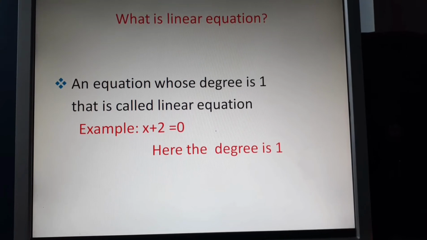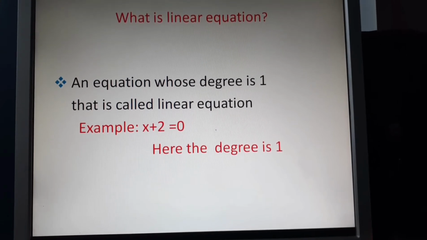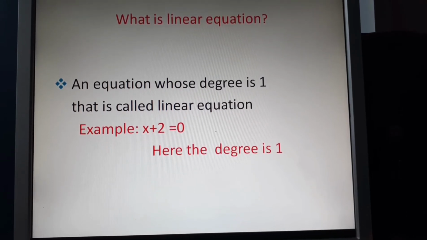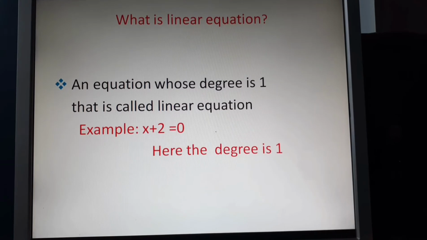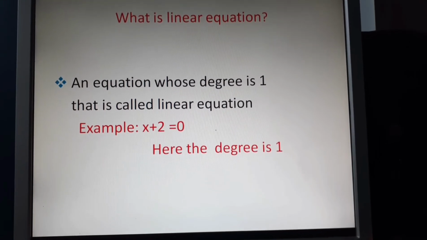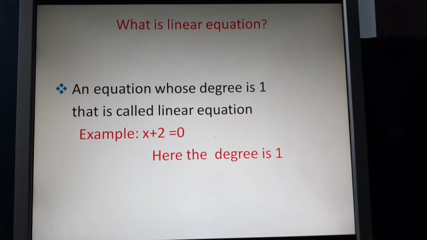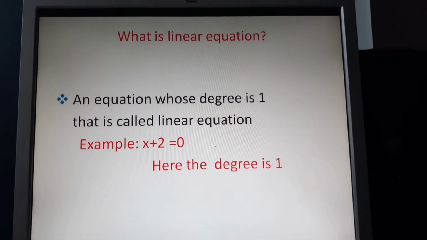What is linear equation? An equation whose degree is 1, that is called linear equation. See the example, x plus 2 is equal to 0. This is the example for linear equation in one variable.